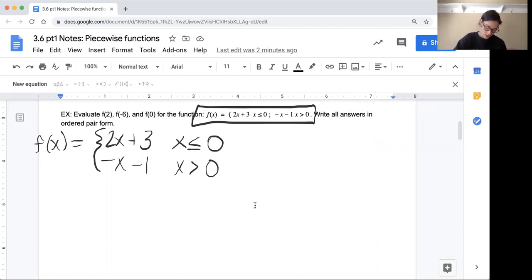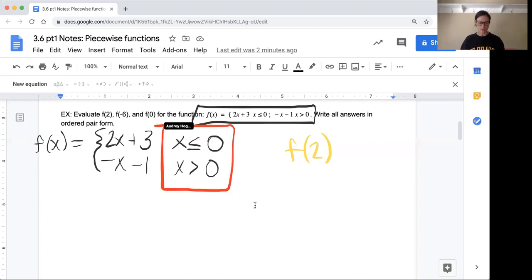So when we're asked to evaluate f of 2, we're just going to plug 2 into our function for x and see what number we get. However, the curveball to piecewise functions is that we have to look at the second part right here, right? So x is less than or equal to 0, and then x is greater than 0 for the bottom one.